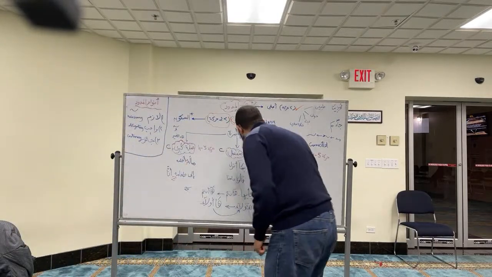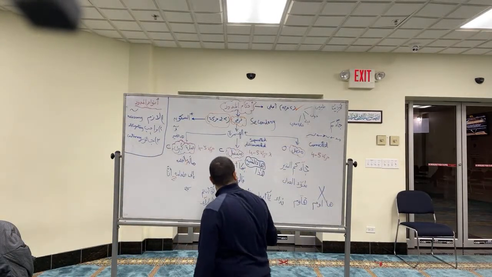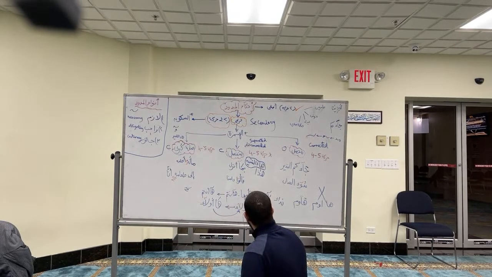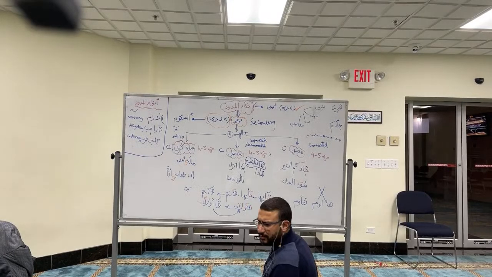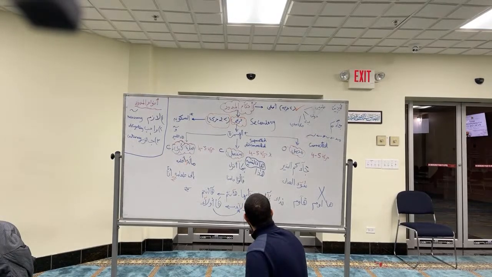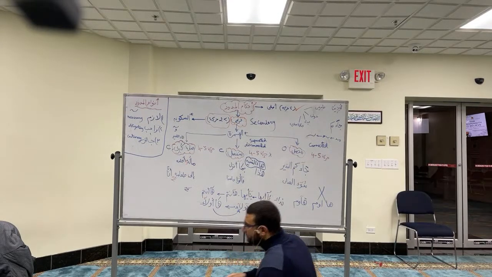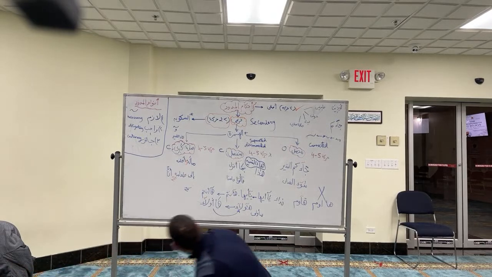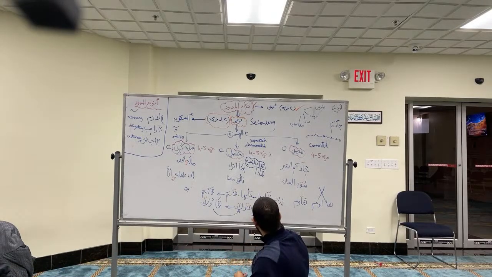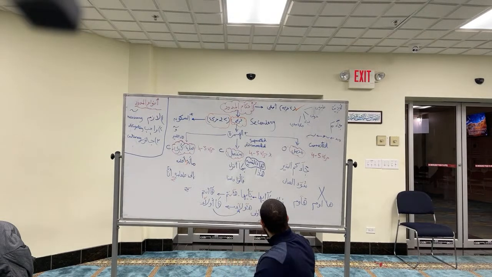This one is ya an-nida. For instance, what did I say? يا أيها. يا أولي. يا أولي الألباب. يا أولي. So you will see a mad, you will see an alif here, and you will see the mad here. Again, this originally is harf nida.